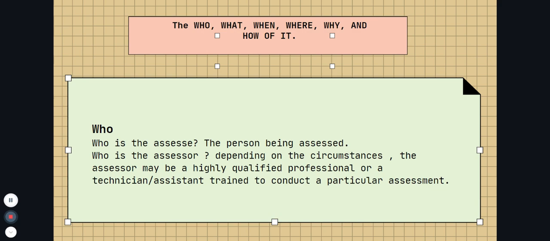In this context, the assessor may also be a classroom teacher. For example, the number of times a child leaves her or his seat will be recorded by the classroom teacher. So now she is called the assessor.